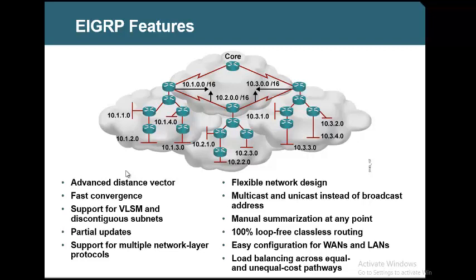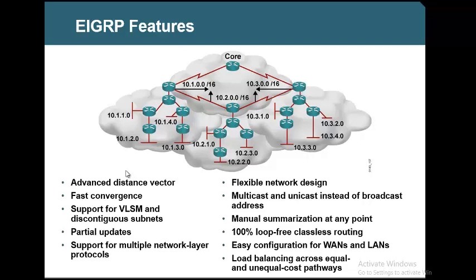If there is a backup route, as soon as it learns the primary route has gone down, it throws the primary route and makes the backup route as primary. In this way, EIGRP is a fast convergence protocol.